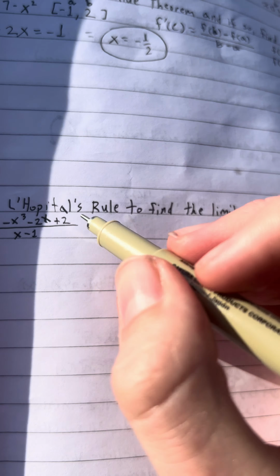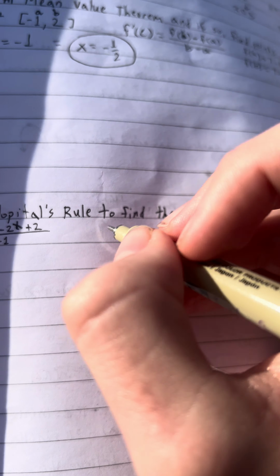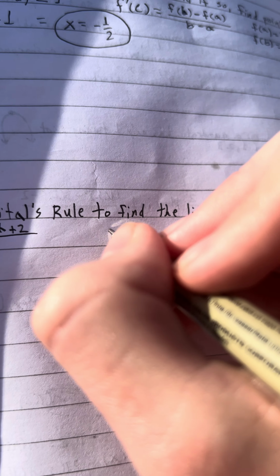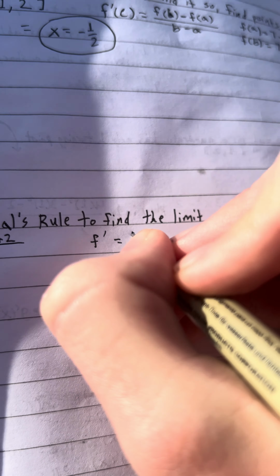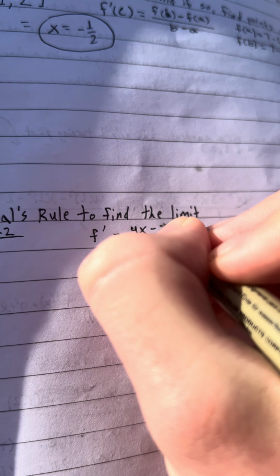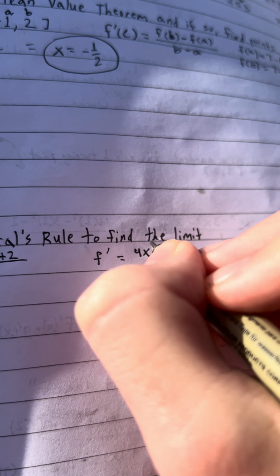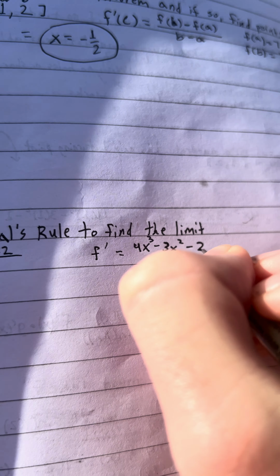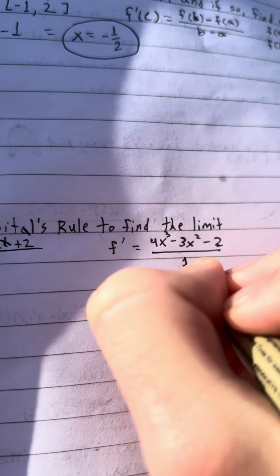And for the final one, using L'Hopital's rule to find the limit, we take the derivative of the top and the derivative of the bottom. So that means that it's 4x to the third minus 3x to the second minus 2 over 1.